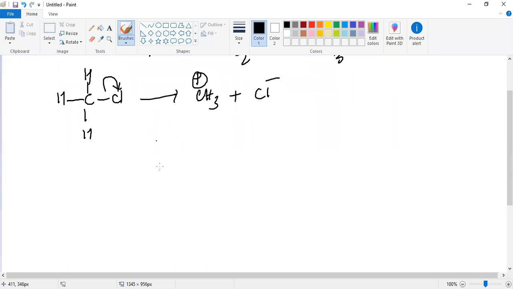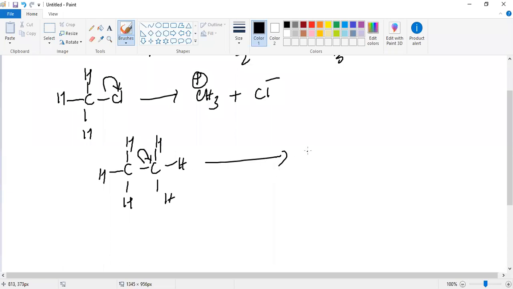But suppose you have something that is less electronegative as compared to the carbon, my dear students. So if you have CH3 in this way, and the heterolytic cleavage takes place, the electrons go on this and you may have CH3 plus as well as CH3 minus.